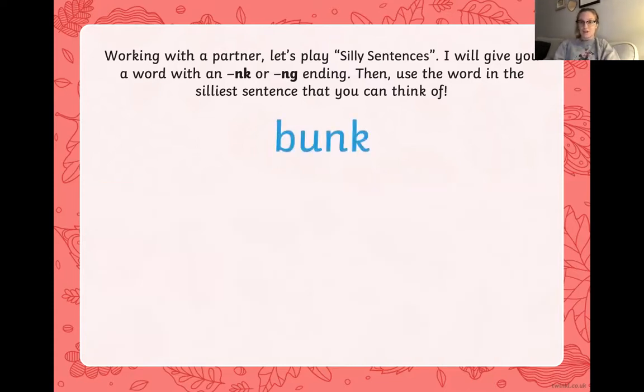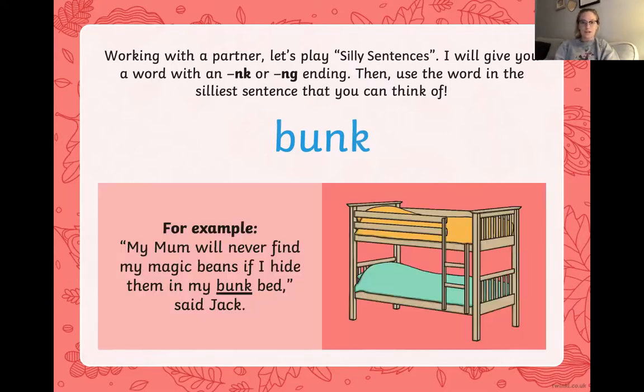All right, the next word is bunk. So if you're having trouble knowing what these words mean, or you can't think of really any sentences by yourself, let's have a look at the example first to give you an idea. For example, my mum will never find my magic beans if I hide them in my bunk bed, said Jack. We know all about Jack from Jack and the Beanstalk, although I don't think he had a bunk bed, so that makes this quite silly.